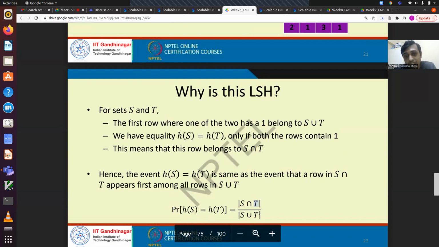Now, S union T is the total universe. So if we have these many elements, what's the probability that an element of S intersection T comes at the front under any random permutation?